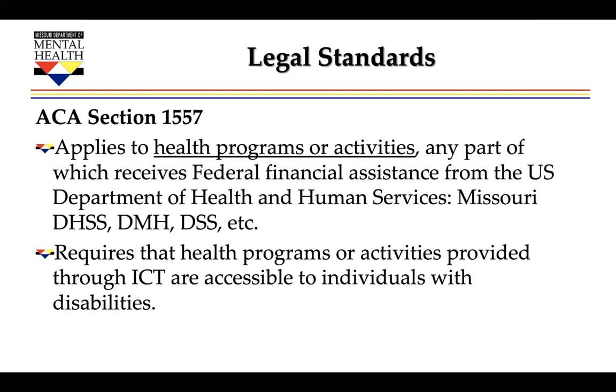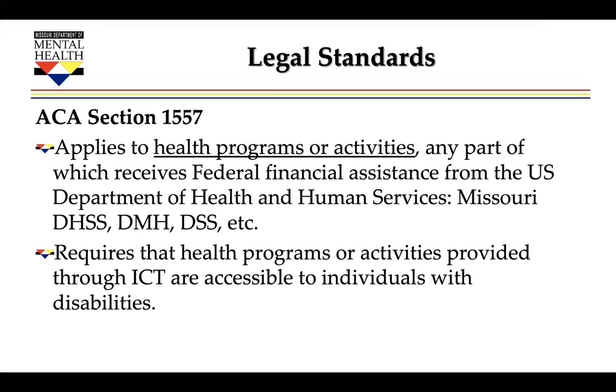Section 1557 of the Affordable Care Act also has non-discrimination requirements. This applies to health programs or activities if any part of that program or activity receives federal financial assistance from the U.S. Department of Health and Human Services. So in Missouri, this would apply to the Department of Health and Senior Services, the Department of Mental Health, the Department of Social Services.